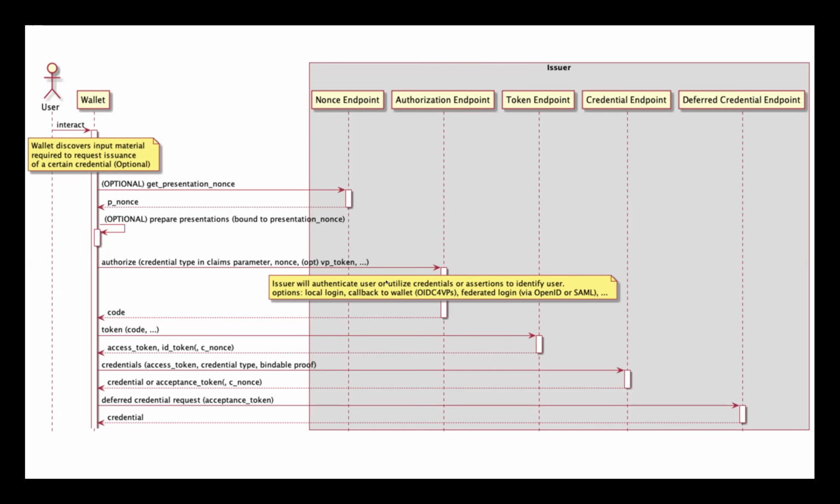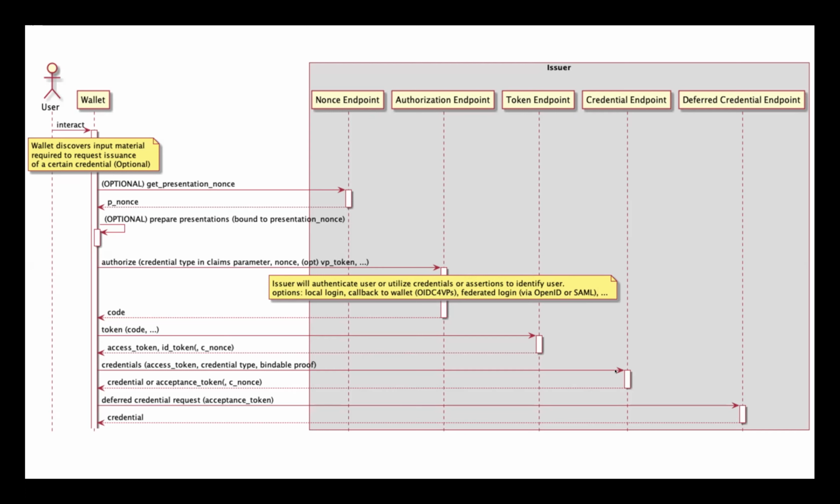And you might have noticed that the token response already contains an additional nonce. It's called the C_nonce. And the C_nonce is used to, guess what? Protect the proof of possession for the key material for the credential to be issued against replay. So the wallet, once it gets the access token, prepares the request to the credential endpoint. And that's where the rubber hits the road. The credential endpoint is the endpoint where the actual credential is being created.